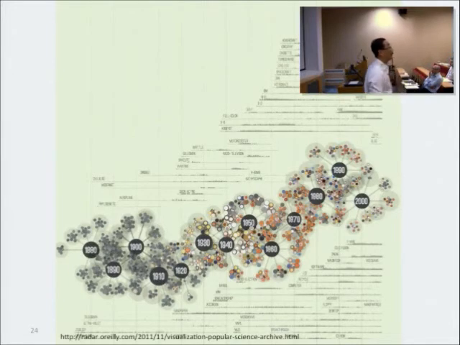Sorry? Something. Yeah. It's very difficult to see what it is without somebody explaining to you what they are. It's the topics that were published in the popular science magazines in clusters of topics over a period of time in the last 100 years. Really hard to see it unless you actually had somebody explain what they are to you.